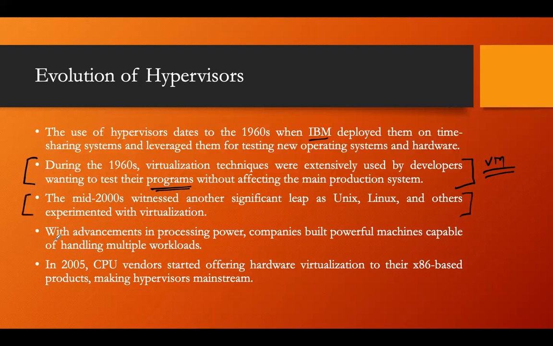With advancement in processing power, companies built powerful machines capable of handling multiple workloads. So if we divide one physical machine into different virtual machines, and provide process 1 to one virtual machine, it processes that independently. Then process 2 is provided to another virtual machine, process 3 to another, and process 4 to another. In that way, 5 processes can run on one physical machine, right?